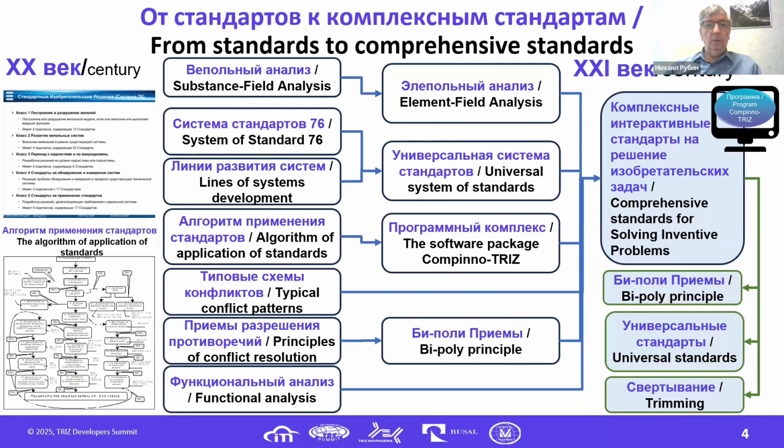We renamed substance field analysis to element field analysis. Element field analysis is used for any elements, for any systems, and I will talk about that more later. Then the lines of systems, like the System of 76 Standards, were transfigured into the Universal System of Standards, and I will talk about that as well.